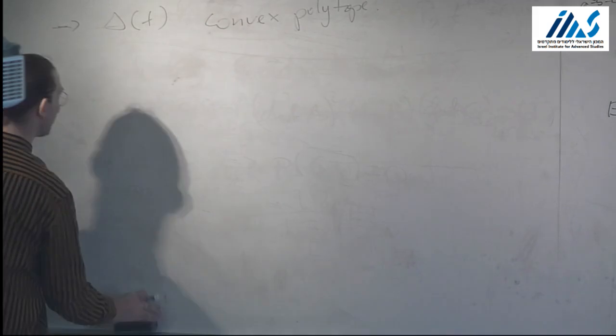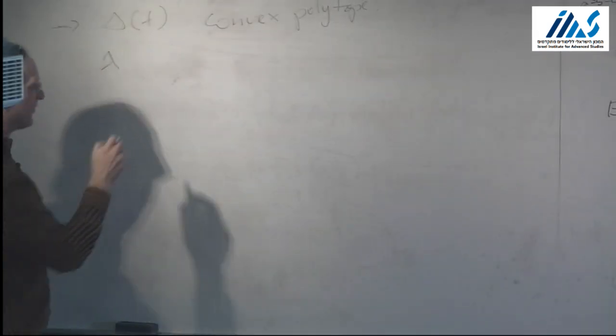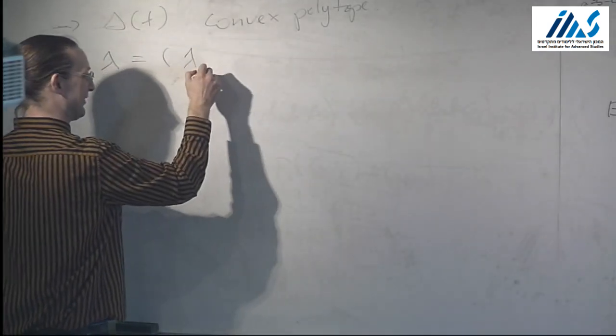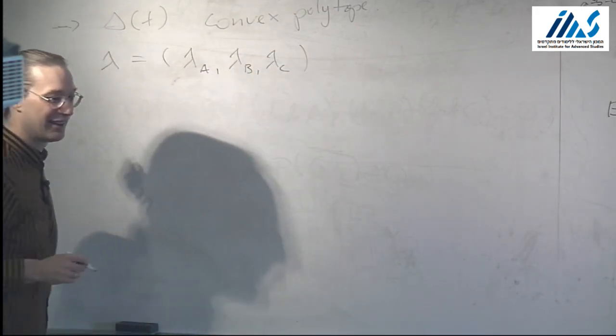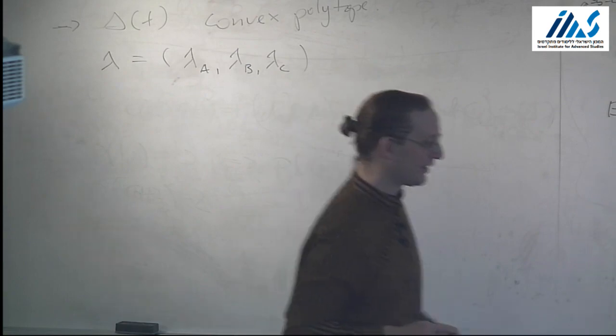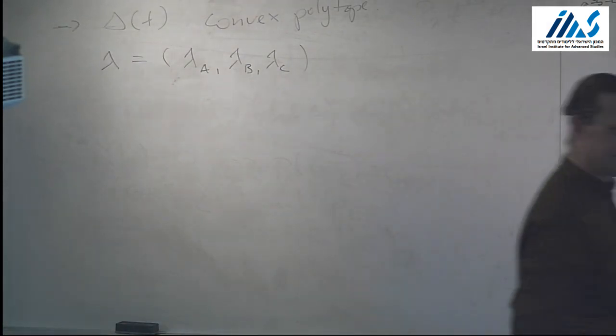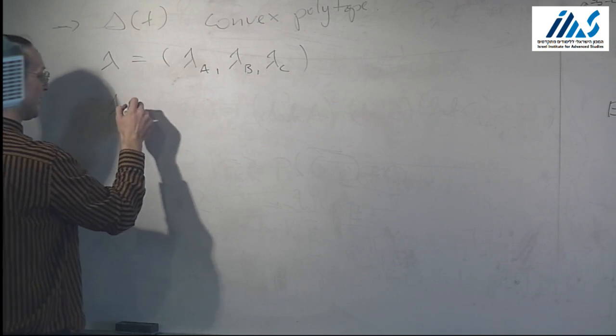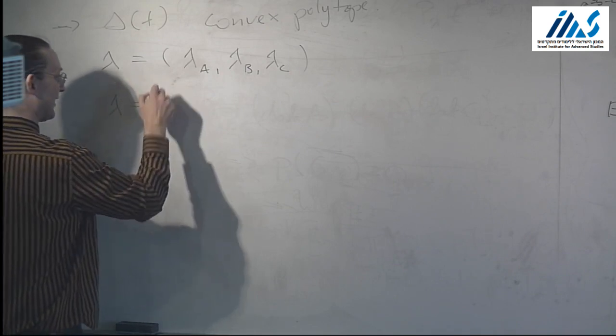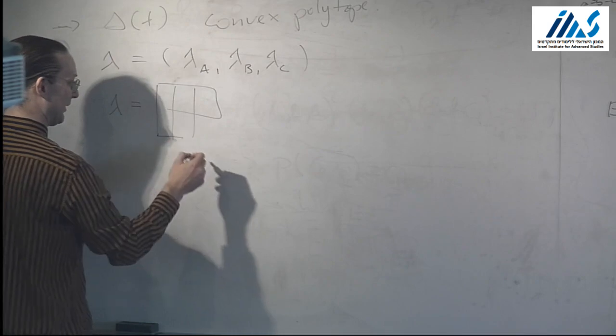So remember, when I write lambda, it's actually a triple of lambdas. But it's not a continuous thing, it's just integers. Yeah, but I divided them by the degree. Well, we'll do that. Hold on. So lambda is this diagram. Think of this diagram here.